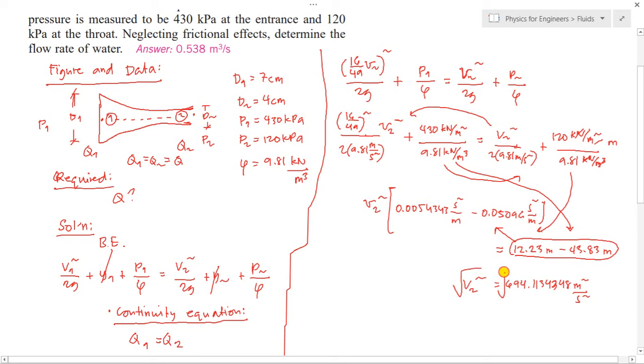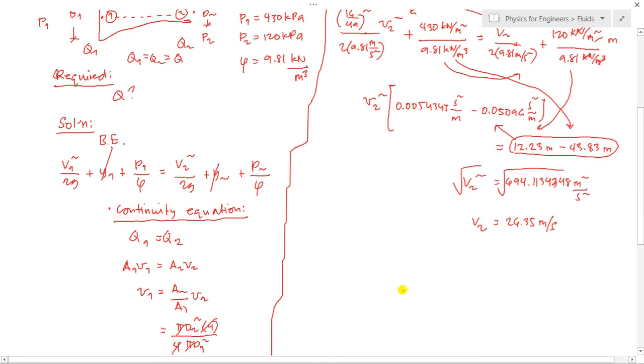Next we take the square root: V2 is equal to the square root of that answer, that is 26.35 meters per second. Since we have V2, we can get the volume flow rate using area 2. Q is equal to the area at point 2 times the velocity at point 2.